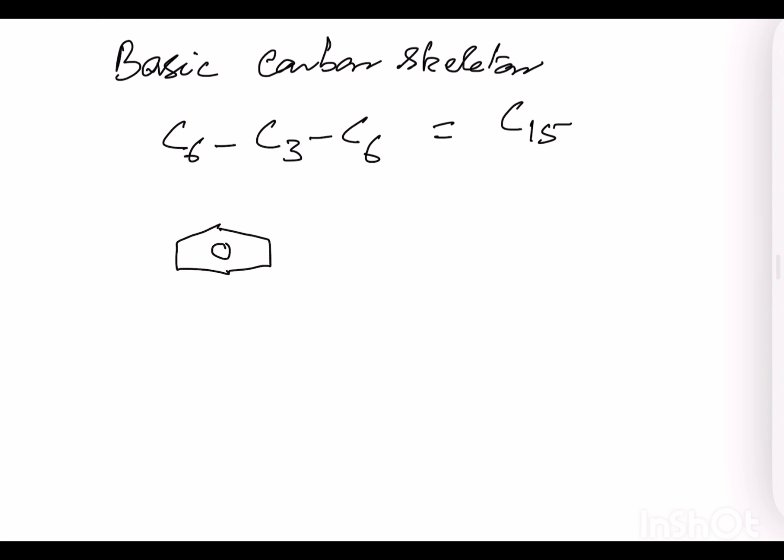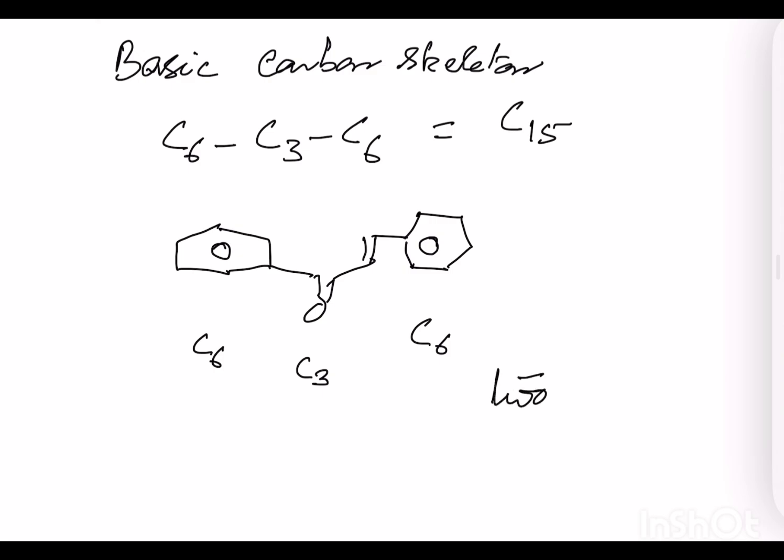Here, this is C6, C6, C3. Therefore, it is called two benzene rings linked through a propane bridge.